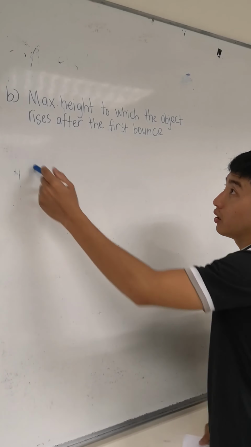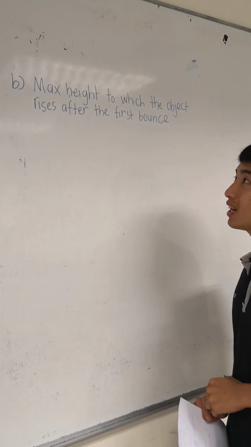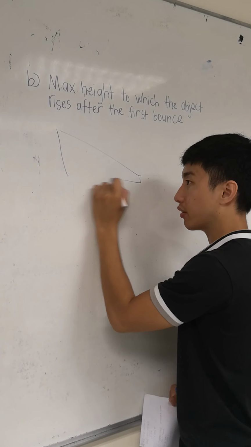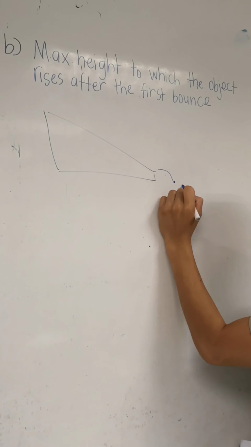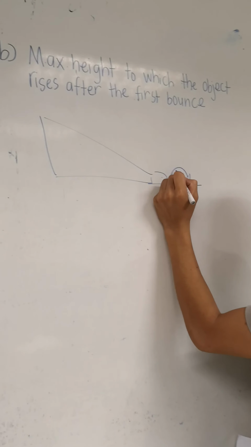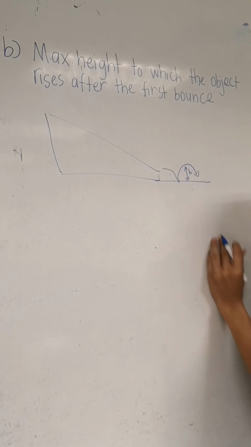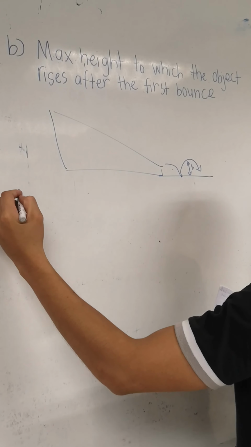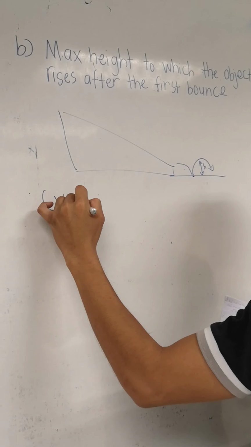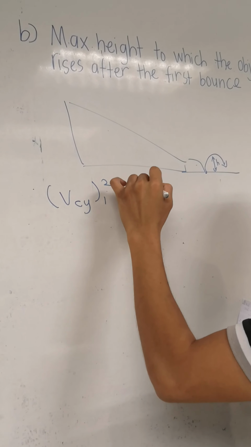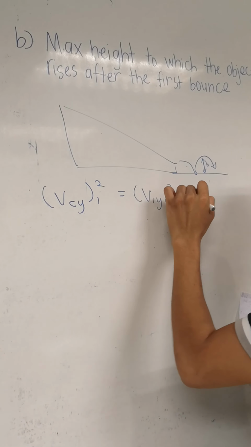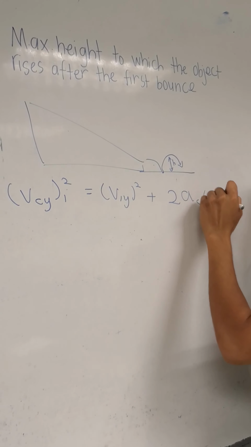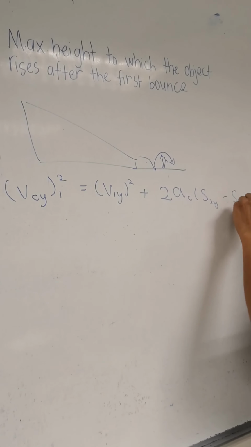Okay, part B. We want to find the maximum height to which the object rises after the first bounce. We draw the diagram. The ball bounces at the floor, and after the bounce, what is the height? So we need to find this height. We'll use the kinematic equations, which is Vcy squared equal to V1y square plus 2 AC S2y minus SCY.